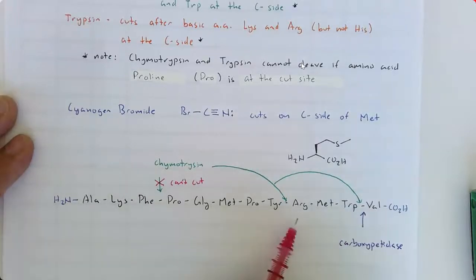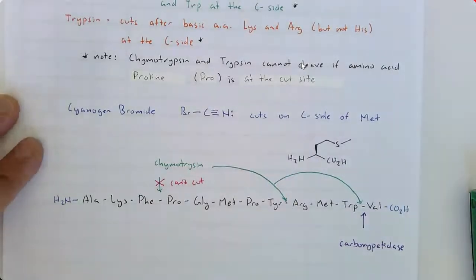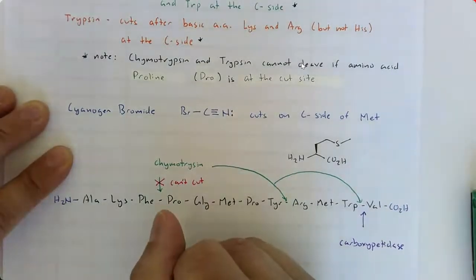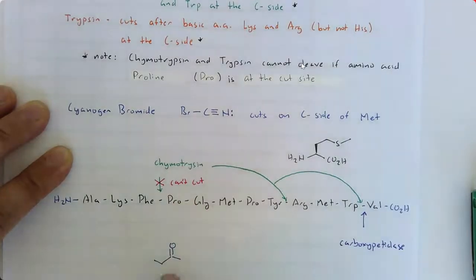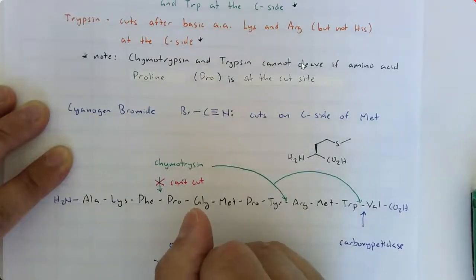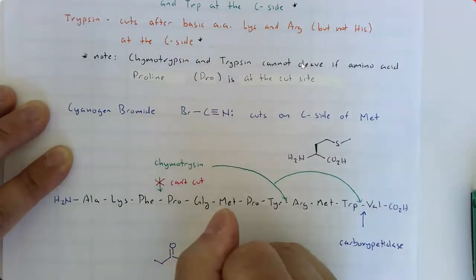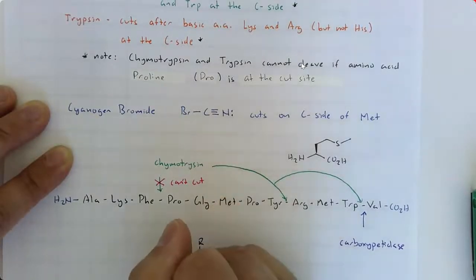All of these other amide bonds are the standard amide bonds that look like this. Let's see, that's the carboxyl, right? NH, and you have your R groups like this.